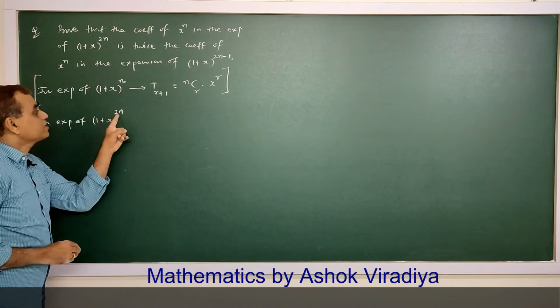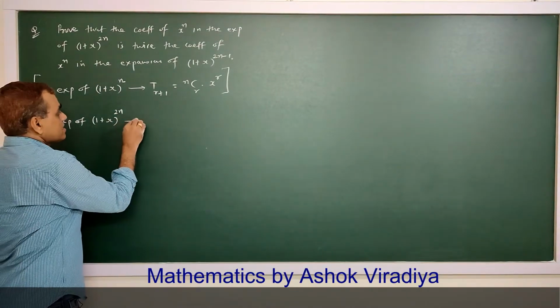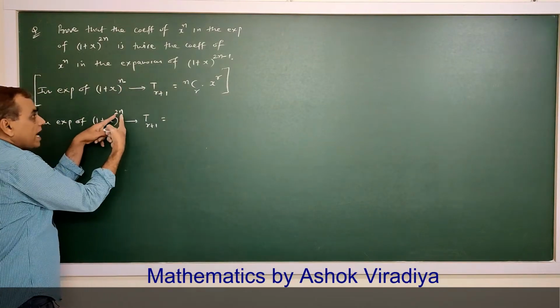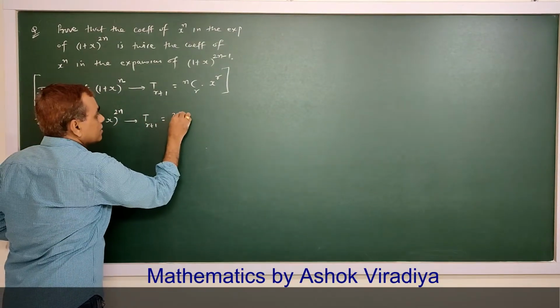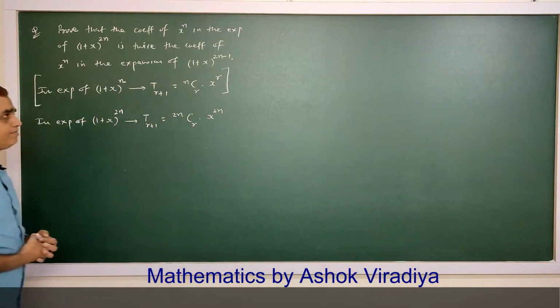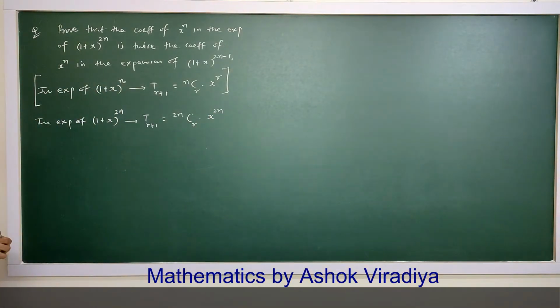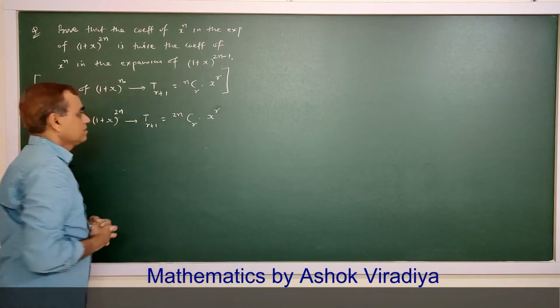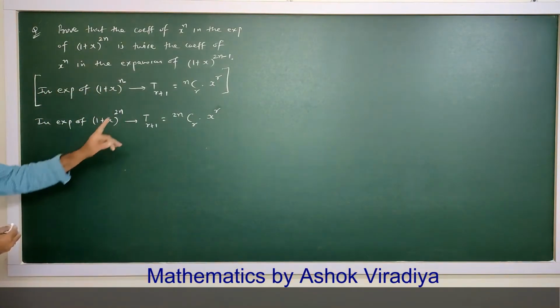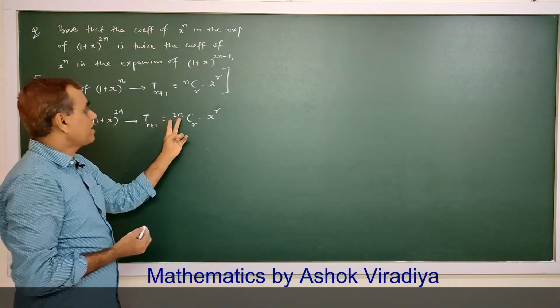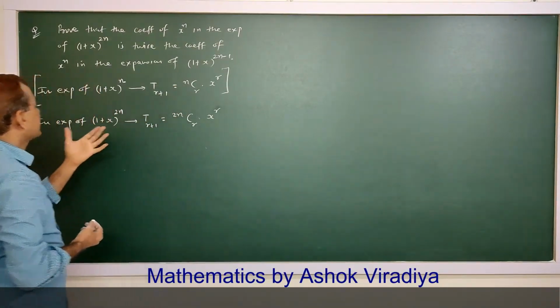Now n I replace by 2n. In the general term, replace n by 2n, so keep here 2n Cr x raised to r. So replacing n by 2n, this is the general term in the expansion of (1 plus x) raised to 2n.